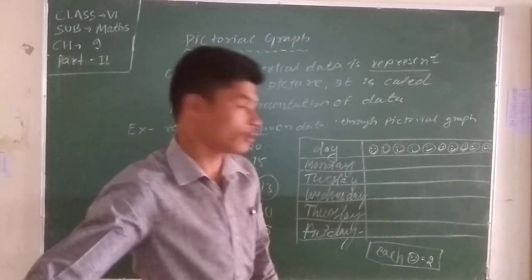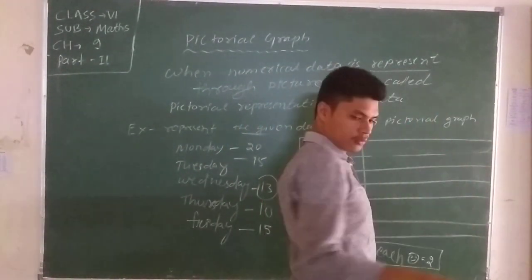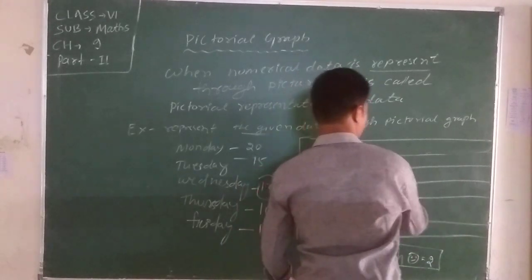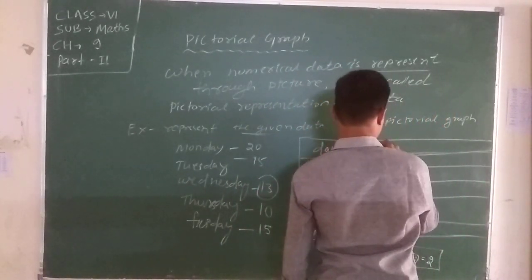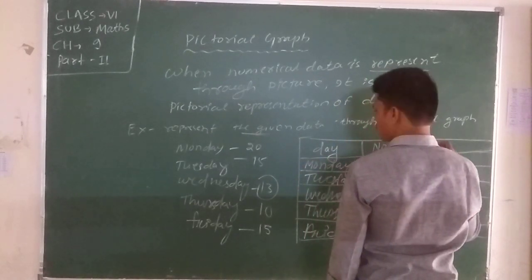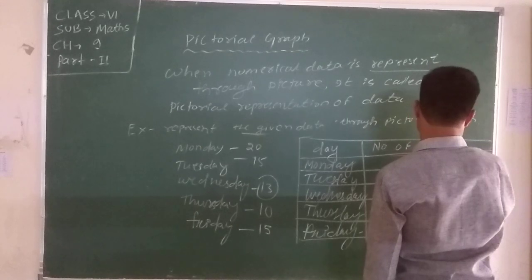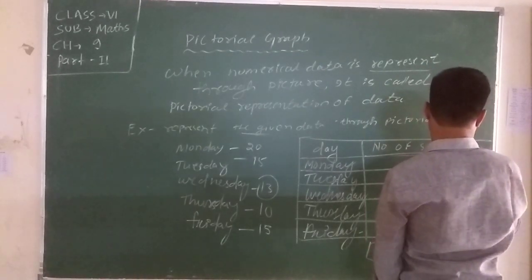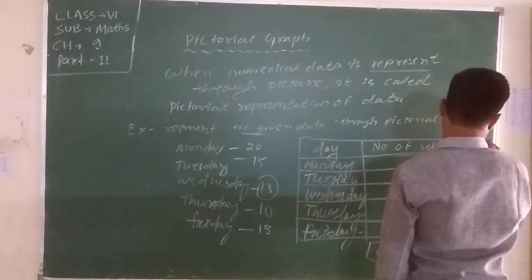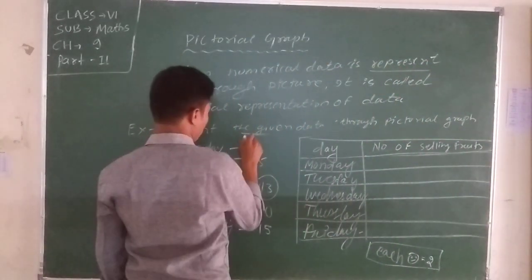So it should be drawn below, not in this. Here we write the number of selling fruits. These are the days and these are the fruits.